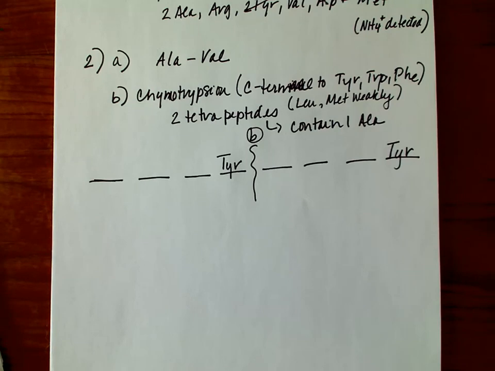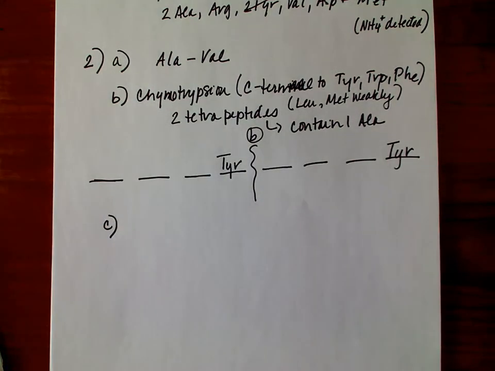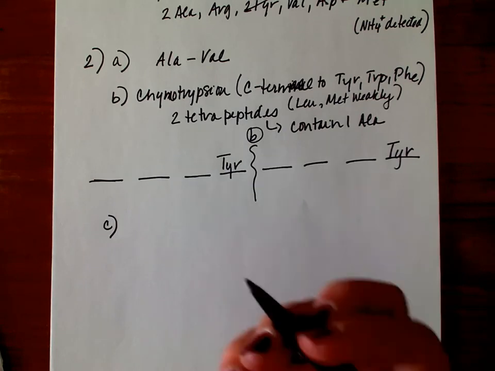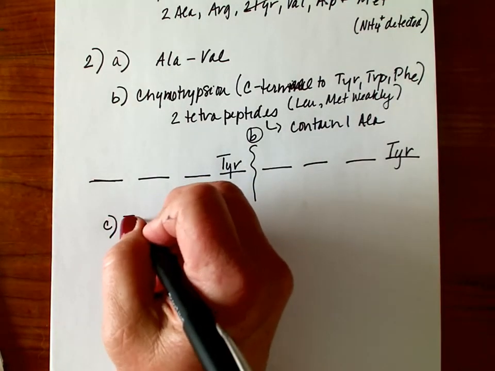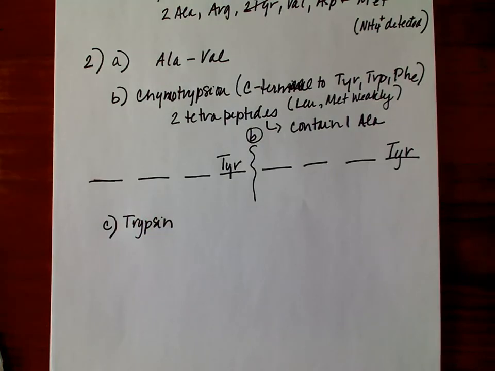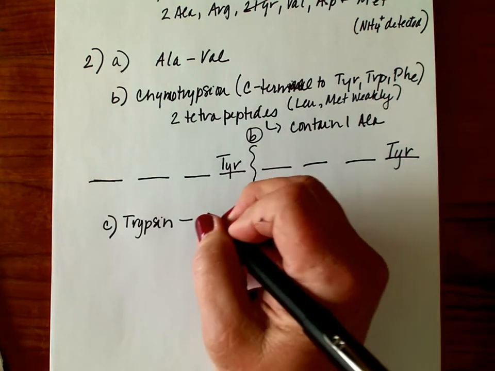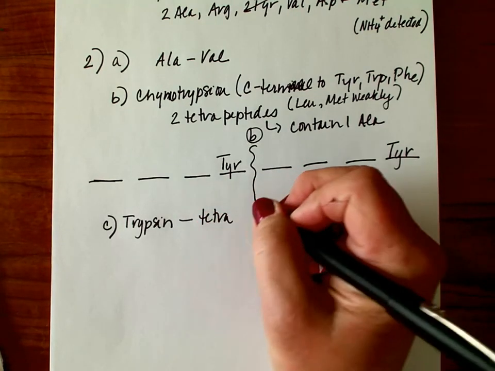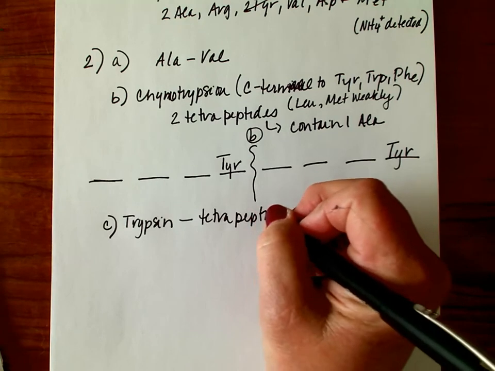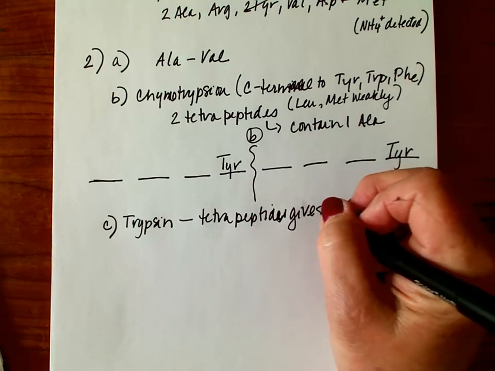In C, we treat with trypsin. And so we're treating tetrapeptides here. One of the tetrapeptides gives us 2 dipeptides.